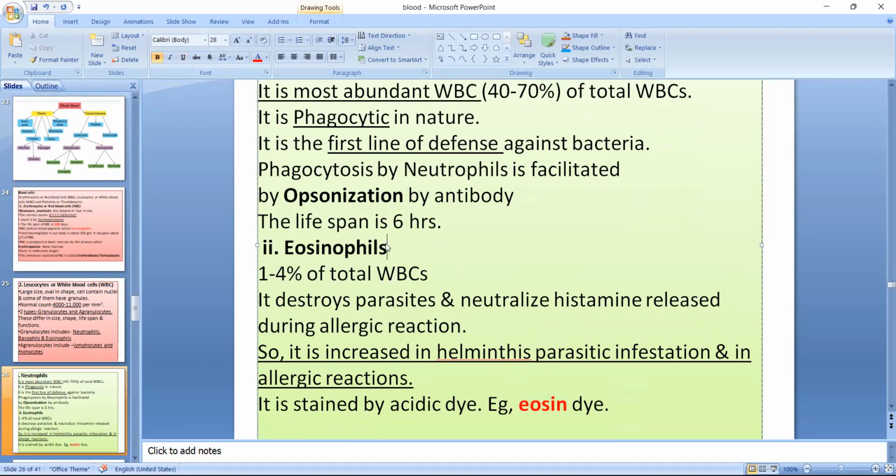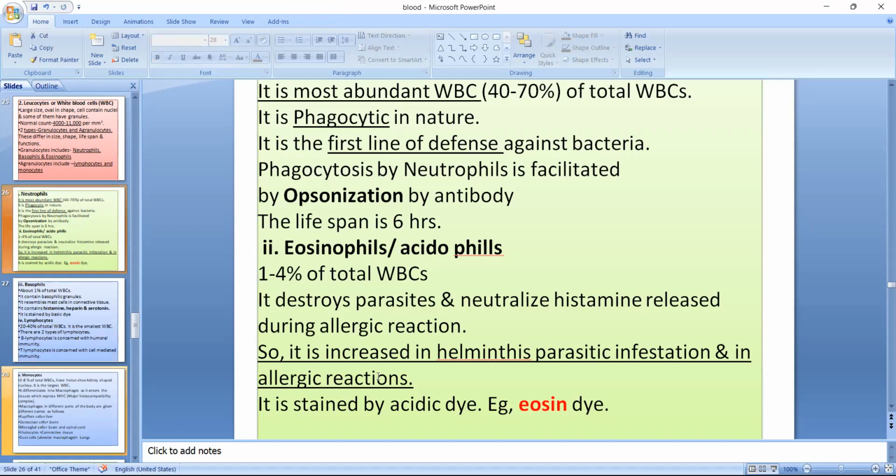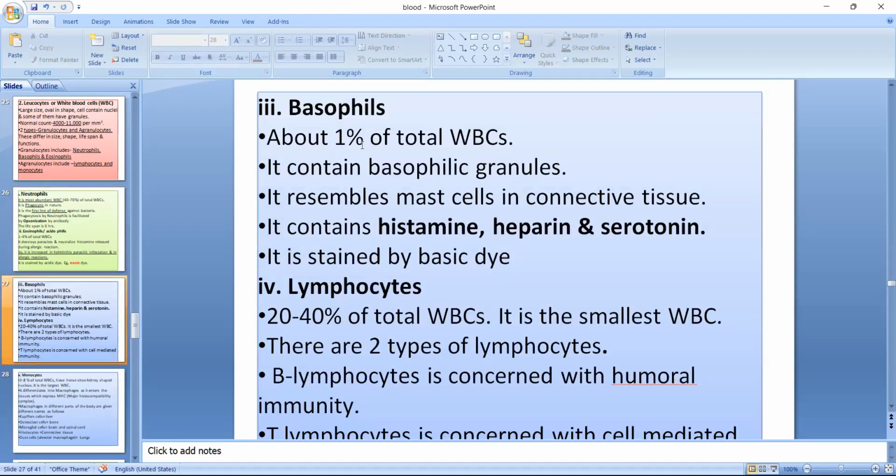They are also known as acidophils. What do you mean by acidophils? Acidophil means they give color when acid dyes are added. Then basophils, same reason for the name.